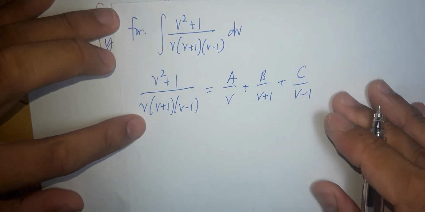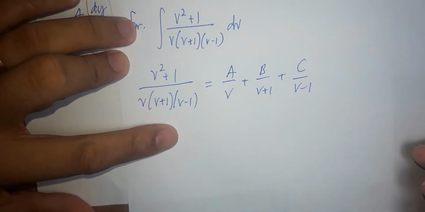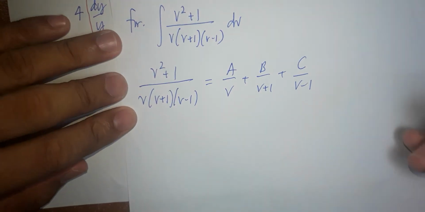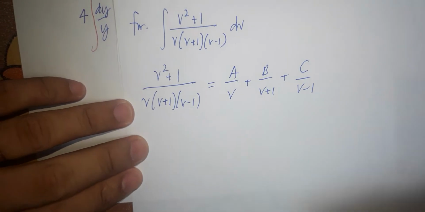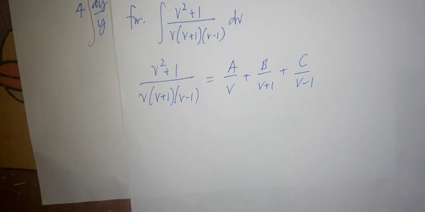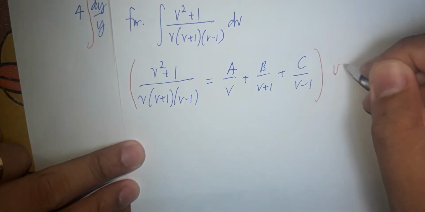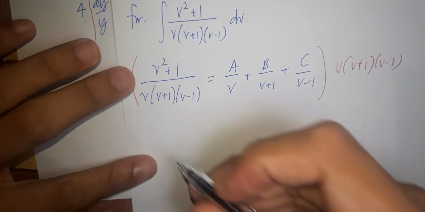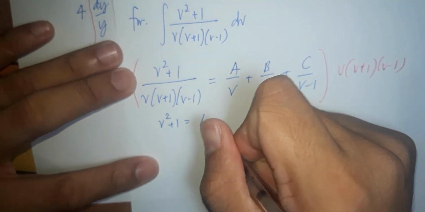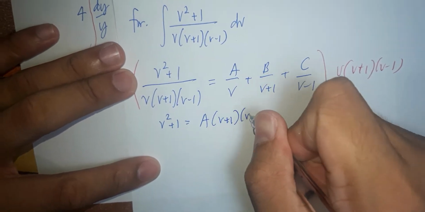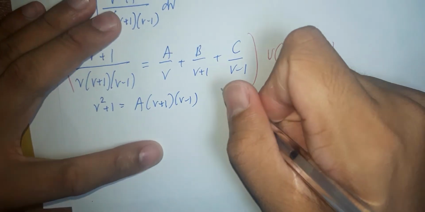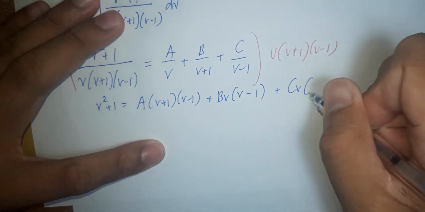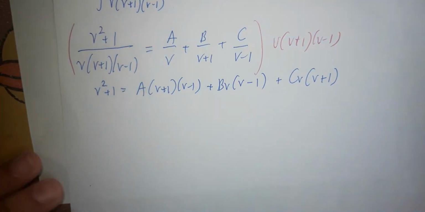So, using partial fractions case 1, dahil ang roots natin or ang factors natin sa denominator ay linear at saka distinct. So, multiply natin siya ngayon with LCD. That's v(v plus 1)(v minus 1). So, doing so gives v squared plus 1 is equal to a multiplied by (v plus 1)(v minus 1), plus bv(v minus 1), plus cv(v plus 1).